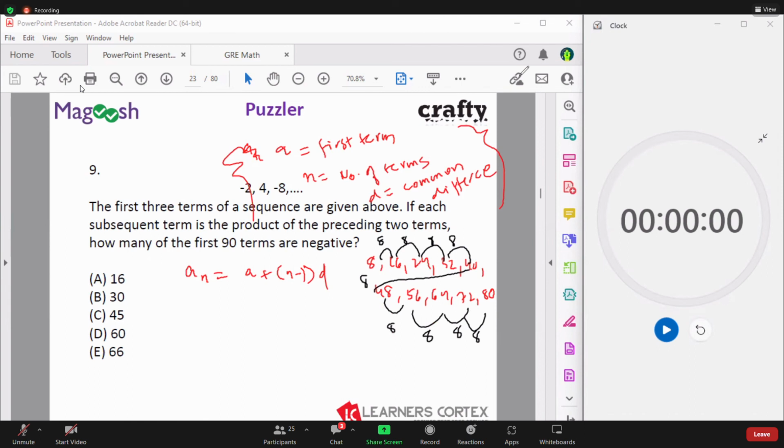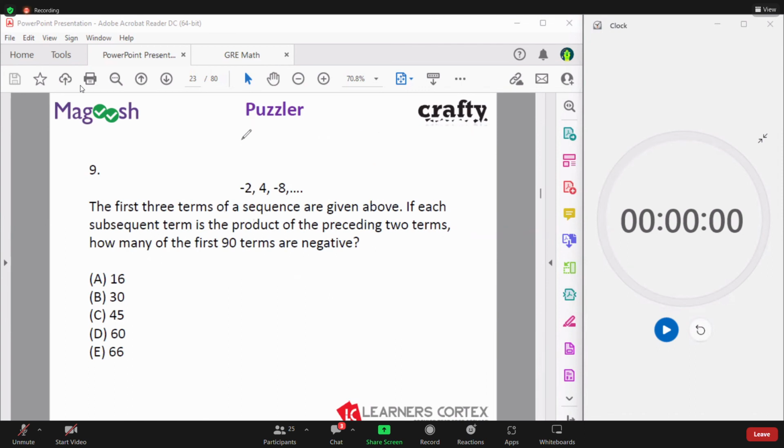Okay, now there are certain formulas related to this. First of all, we already talked about A, N, and D. If you know the value of A, you know the number of terms in the series, and you know the common difference, then there is a fourth thing, which is known as the last term.